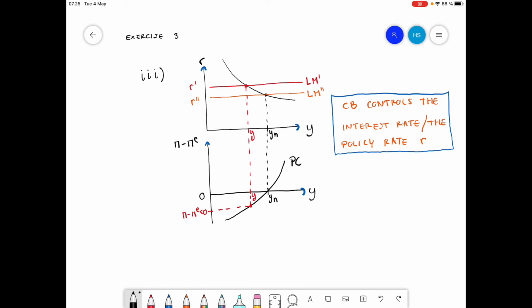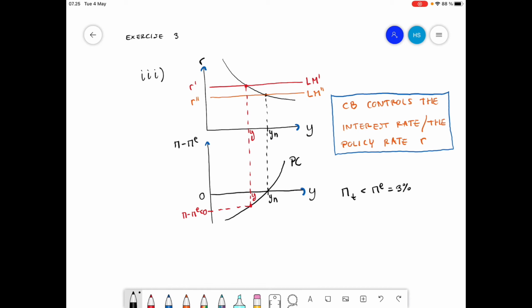What should the central bank do if it wants to bring about output to its natural level? From earlier we saw that the realized rate of inflation in both 2017 and 2018 was lower than the expected rate of inflation of 3%.